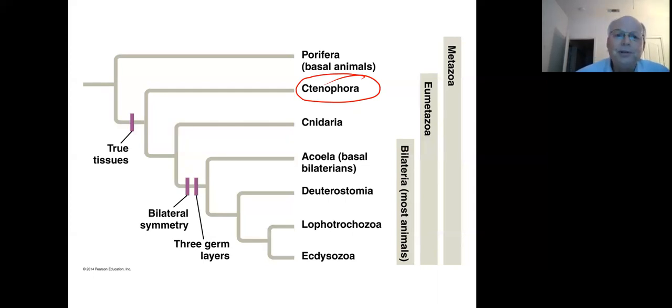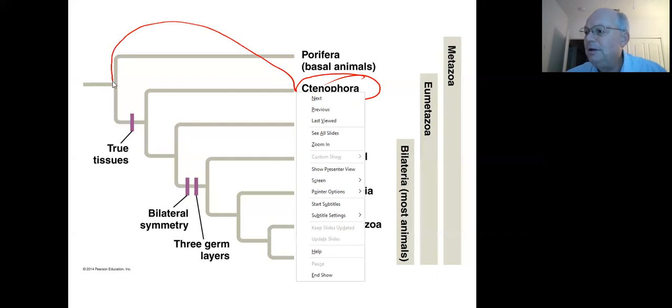Whether the ctenophorans are more closely related to the rest of the animals, to the bilateria, or whether it's the cnidarians, it's not clear. We don't have a lot of information that tells us what the nature of this relationship is. There have been a couple of studies that have suggested that maybe the ctenophorans should be back here as more basal even than the sponges.